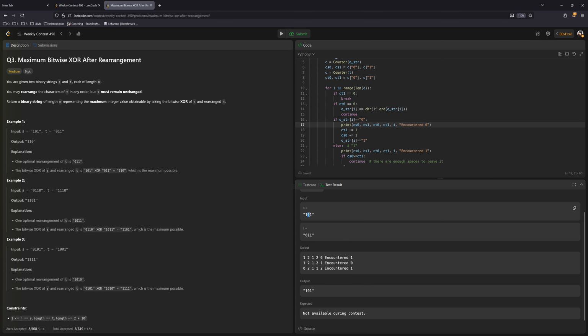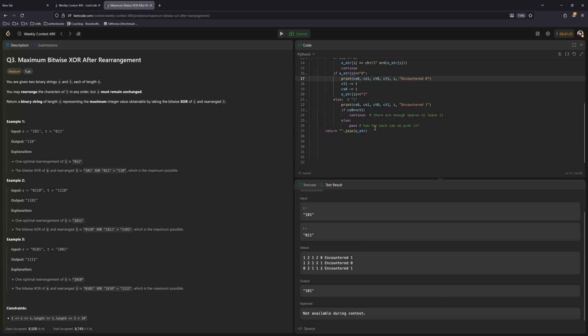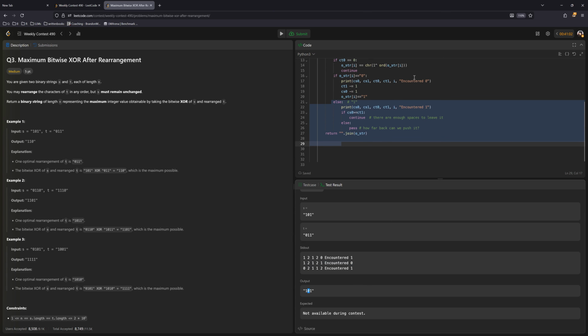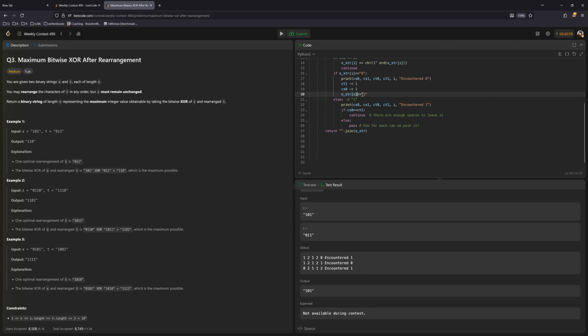And when it encountered the 0, it didn't flip it. OSTR of I equals 1 at position 1. We were here and we didn't flip it? Forget this part. This should have flipped this. Why didn't it? Oh my God.